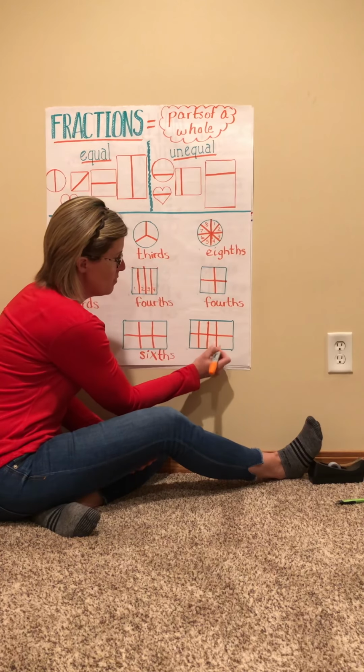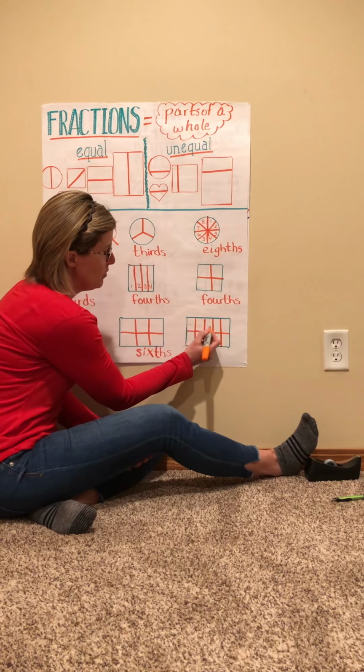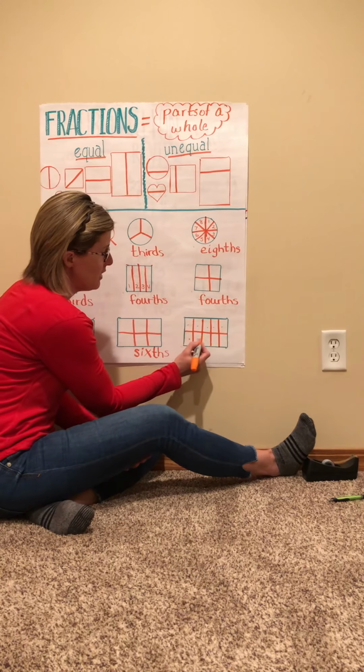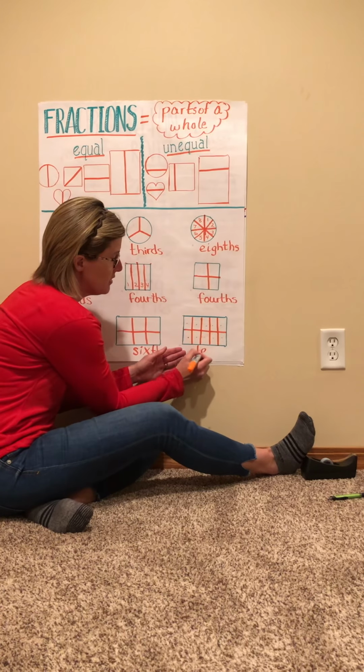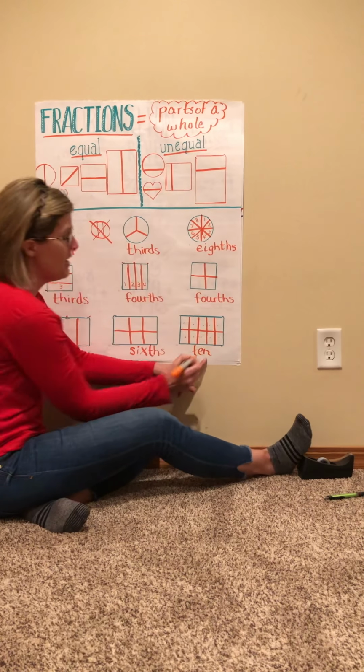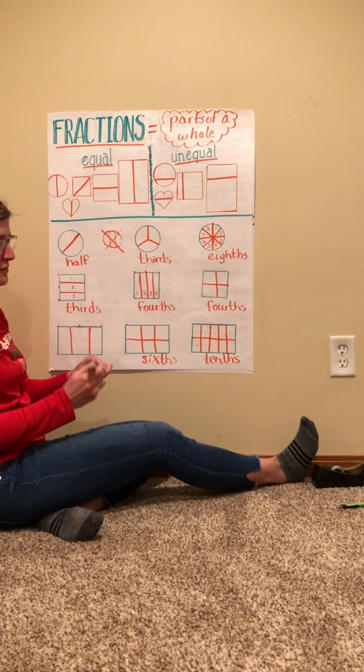Okay, and then 1 more. There we go. So we've got 1, 2, 3, 4, 5, 6, 7, 8, 9, 10. And that is called tenths. So we write 10 like you normally do, add a THS.